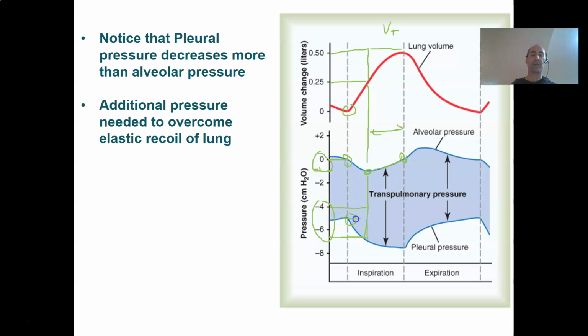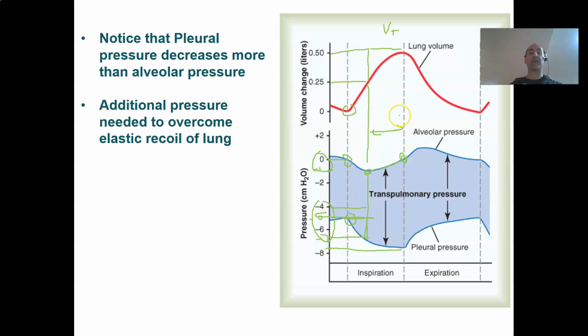This should have been -5. Sorry about that. So -5, and you go down to about -7, and then by the time you're all done, you're almost at about a -8.